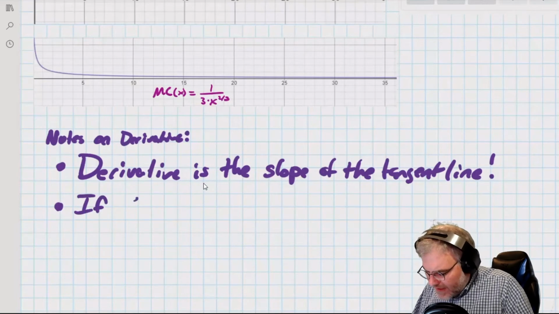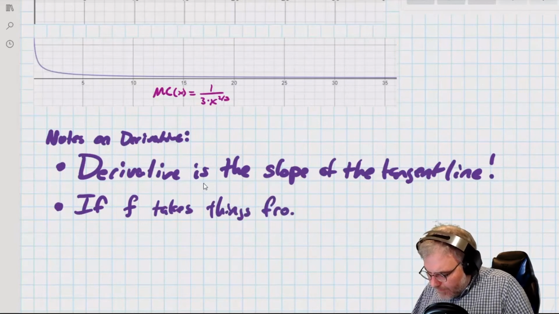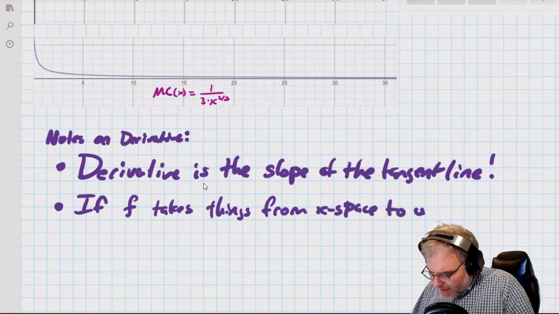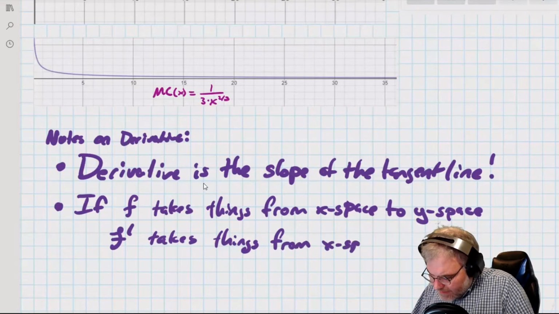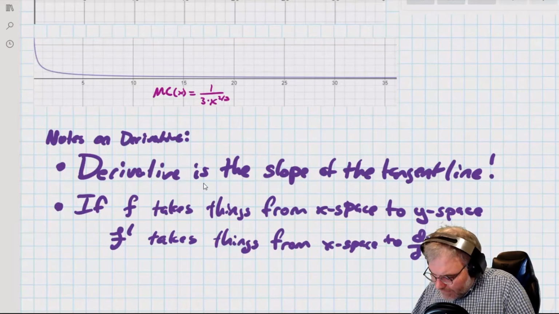If f takes things from x space to y space, f prime takes things from x space to dy over dx space.